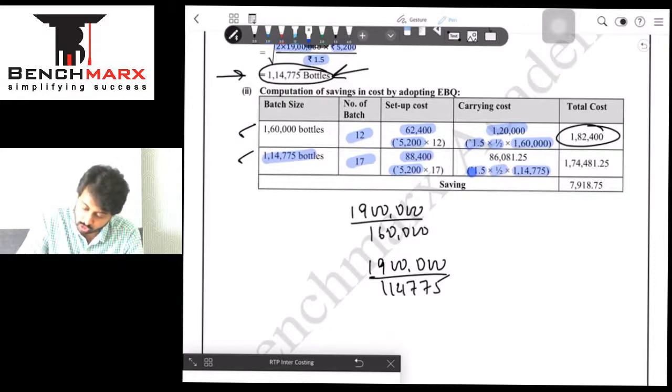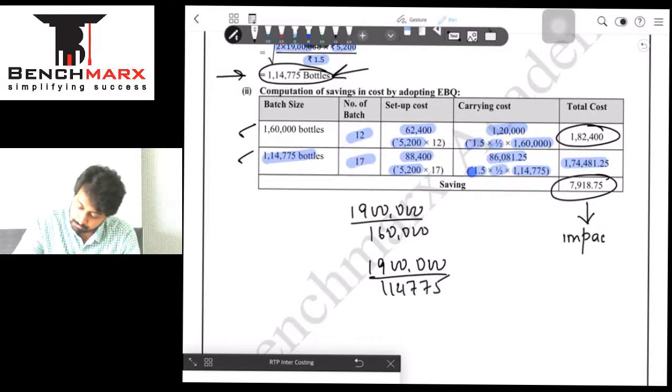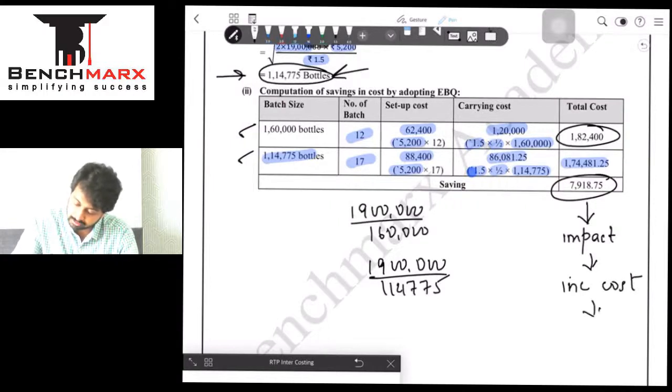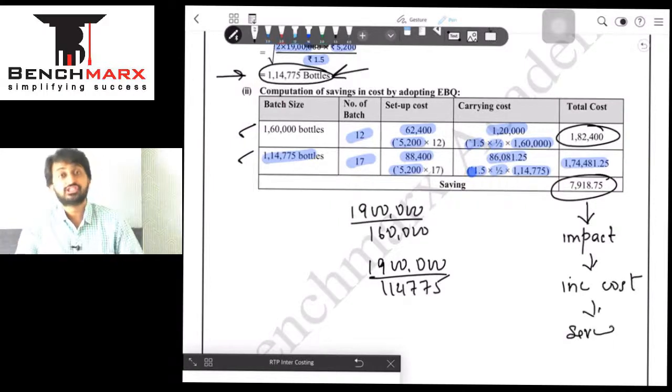This will give me this cost, and 88 plus 86 is 174, and the difference between the two is 790. Wrong, the difference between the two is 7918. This is my impact on the profit, or it is simply my incremental cost which I am incurring right now, or nothing but savings if I decide to shift to ORS.